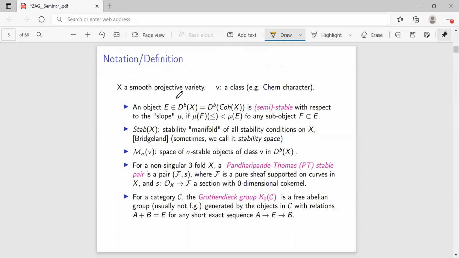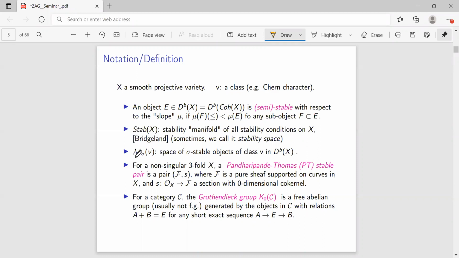Then for an object in the derived category of coherent sheaves on X, we say that this object is stable with respect to some slope, which I will define later more precisely, if for each sub-object the slope of the sub-object is smaller than the slope of this object, and we say semistable if you have the non-strict inequality here.